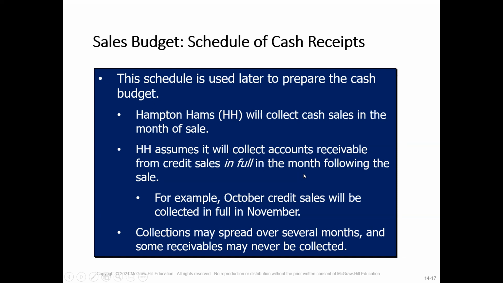In reality, collections may never be collected. You may have sales on account that you never collect. That's why we have the allowance for doubtful accounts, eventually bad debt expense. Not everybody pays, but in this instance, we have to assume that everyone's going to pay.